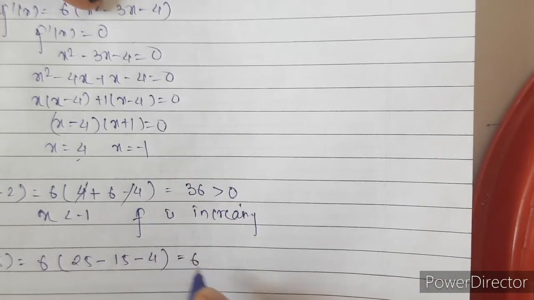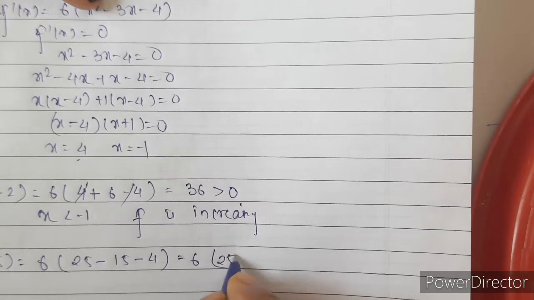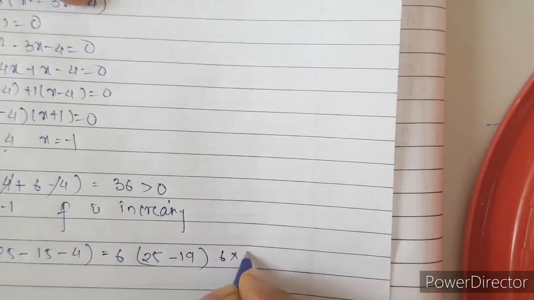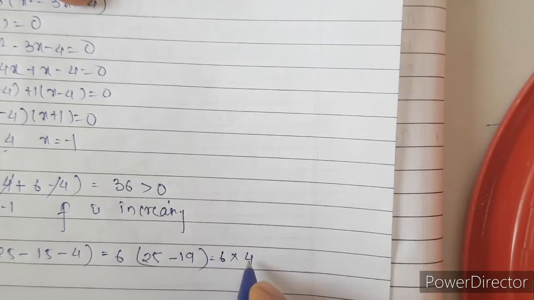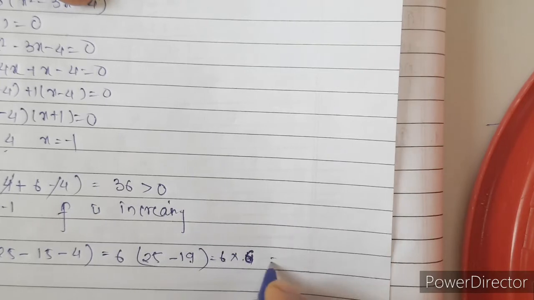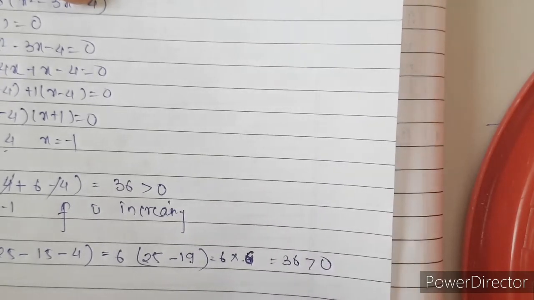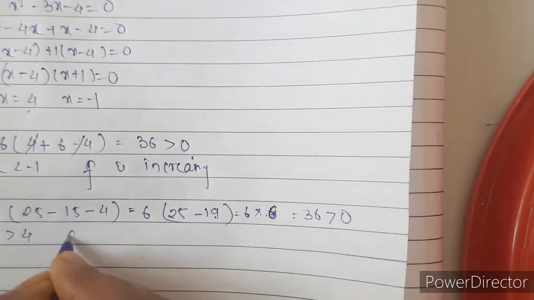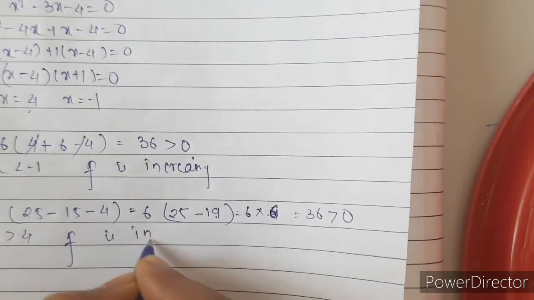So it is 6 into 25 minus 19, which is 6 into 6. So this is 36, which is greater than 0. Again, for x greater than 4, the function is increasing.